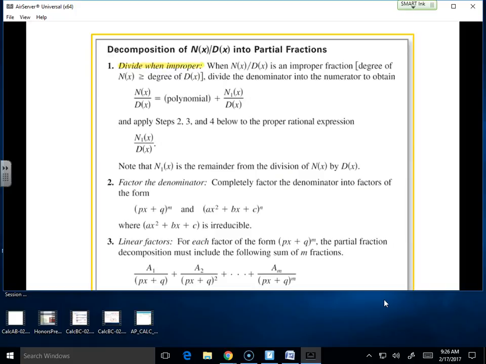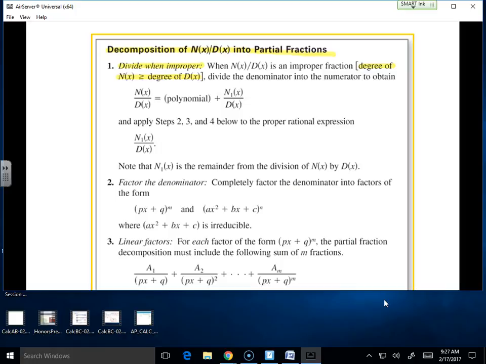Divide when improper. 2, decompose some sort of rational function into its partial fractions. First of all, we have to look at it and say, are you improper? And what does it mean for a fraction or a rational function, which is a fraction of functions, to be improper? Degree of the top is greater than or equal to degree of the bottom.